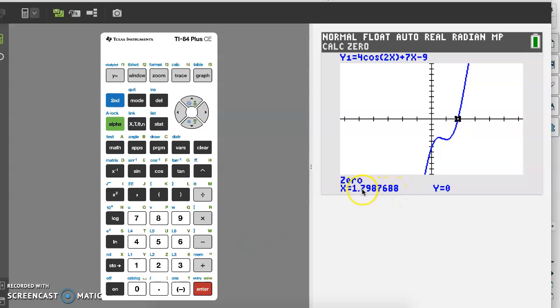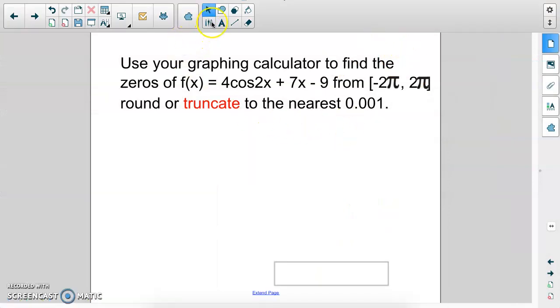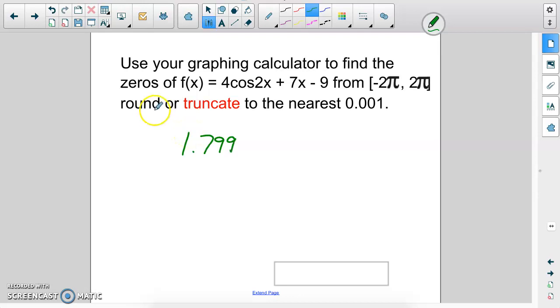1.7987688. Rounding, we're going to look at that third decimal place and look at the number to the right of it. If it's 5 or higher, we're going to round that up to a 9. So 1.799 is rounding. That's rounded. But truncate means we take the 1.7987 blah, blah, blah, and we just chop off everything after the third decimal place.